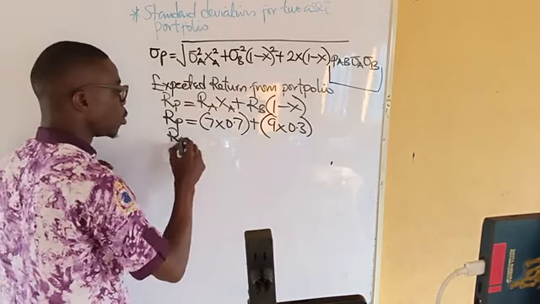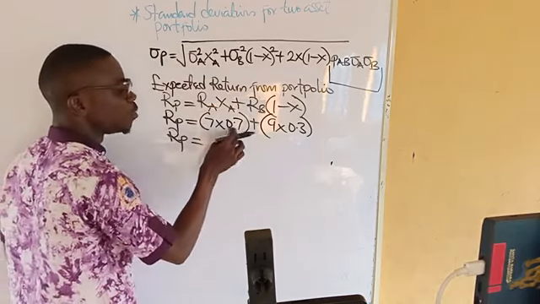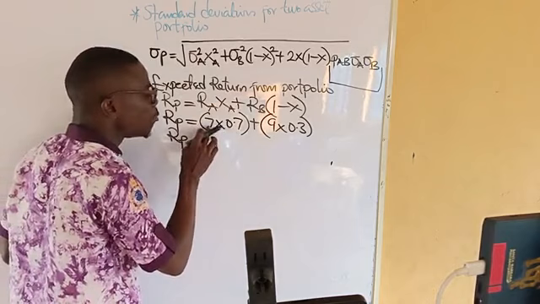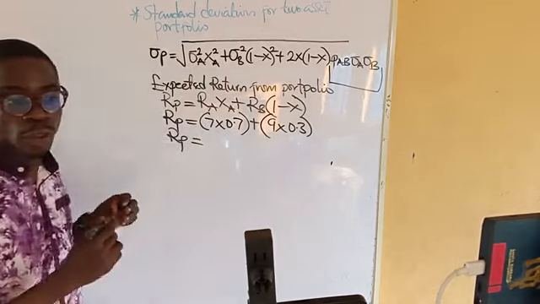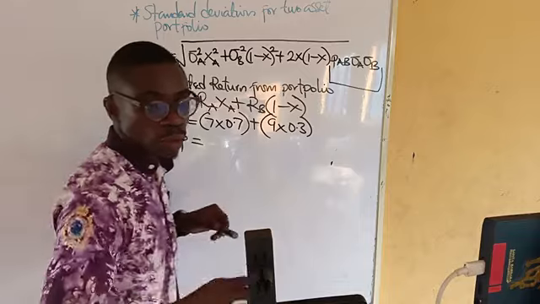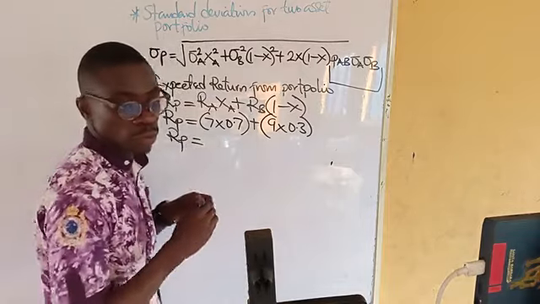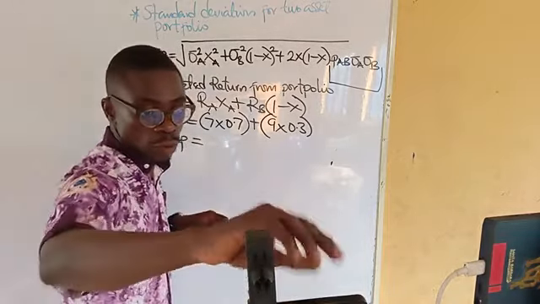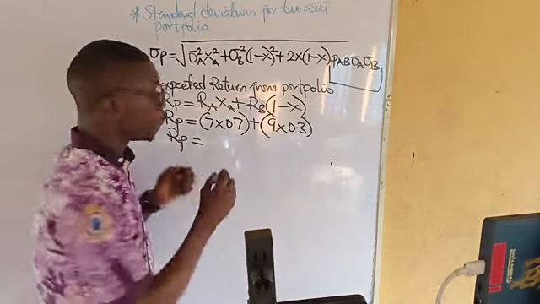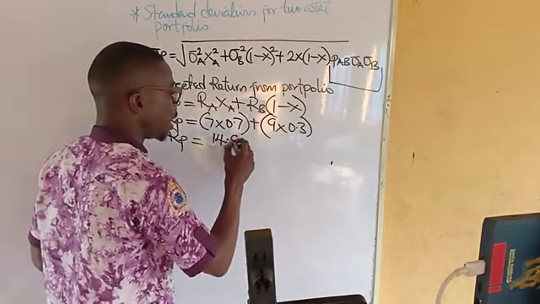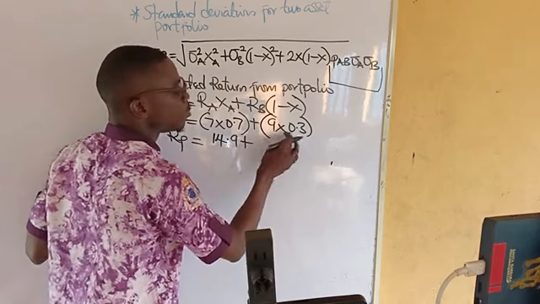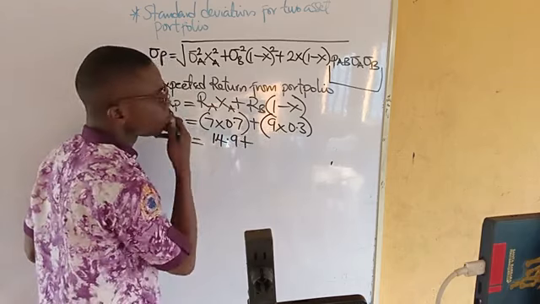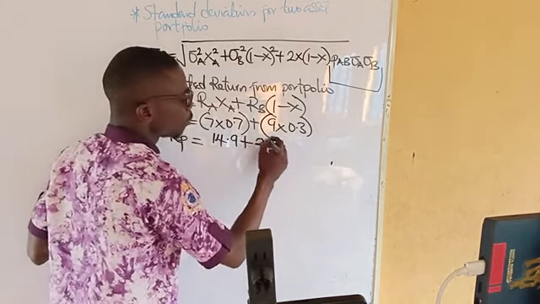So what's the expected return now? This times this, 7 times 0.7 is 4.9, plus 9 times 0.3, which is 2.7.